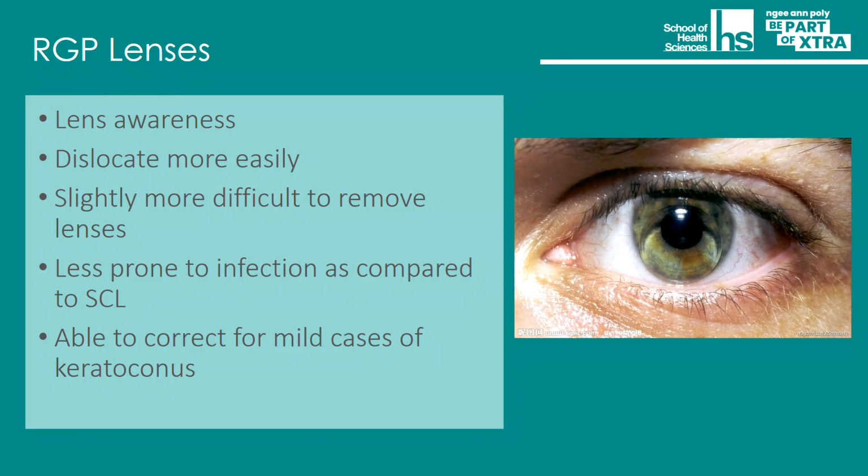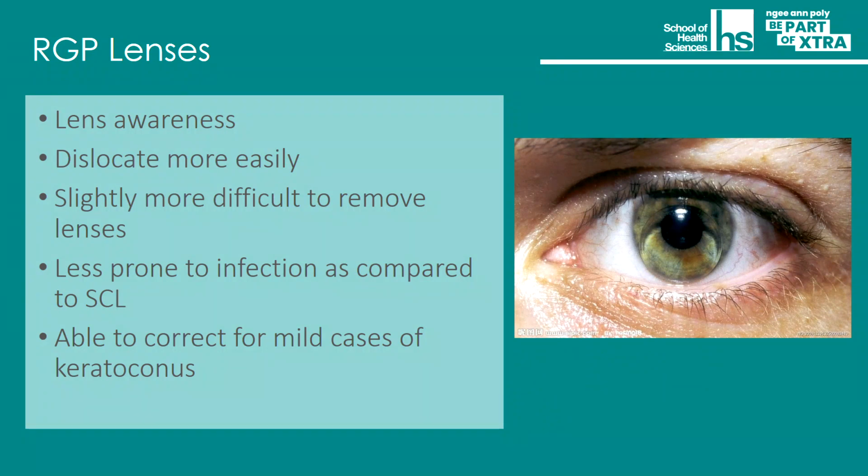You don't really see them flexing around, or feel them flex around. It's basically a small hard piece of plastic on the eye. Because of that, when you blink, the lens moves a little more compared to soft lenses. It doesn't hug the eye like soft lenses. It moves around, so you have a bit of lens awareness on top of the inherent nature of it being more rigid.